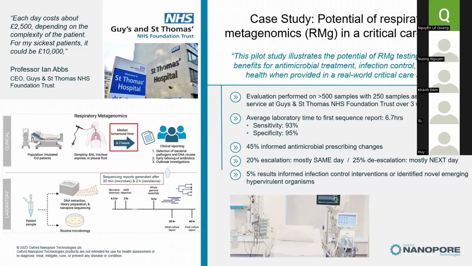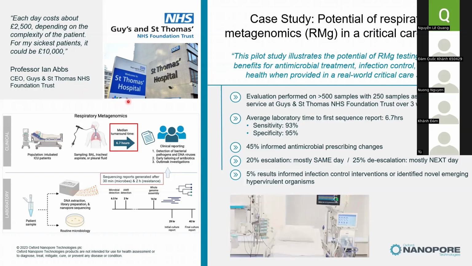So if I were to put it into perspective, you can see the comment from the CEO of Guy's and St Thomas' Hospital that ICU costs range from 2,500 pounds to 10,000 pounds per day, depending on the severity of the patients.